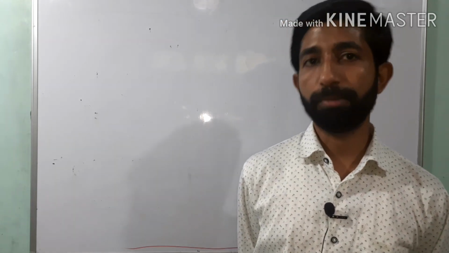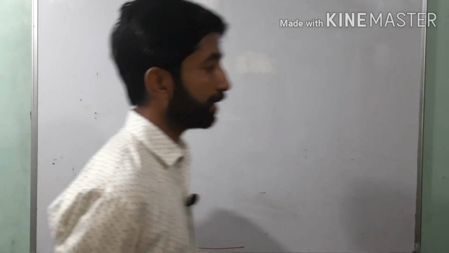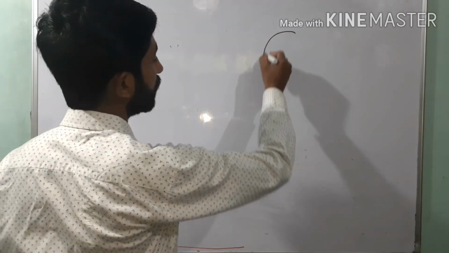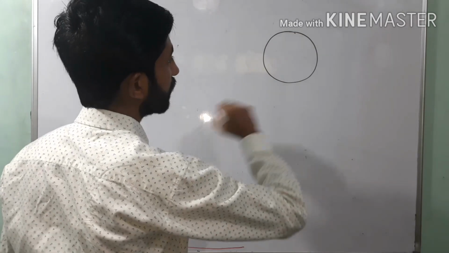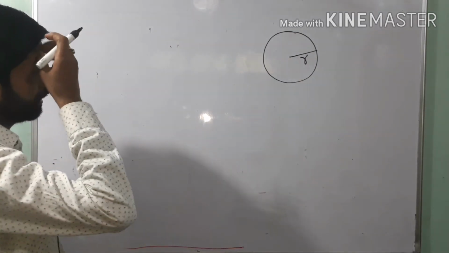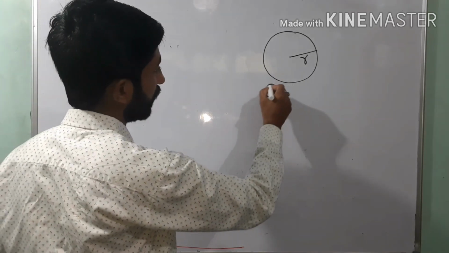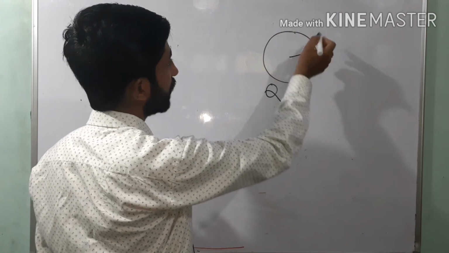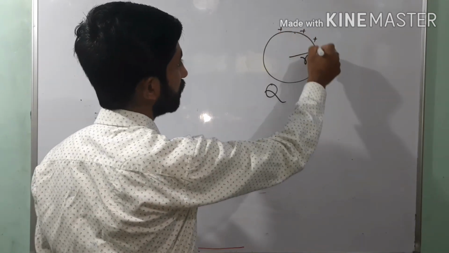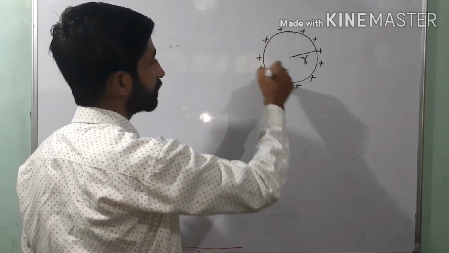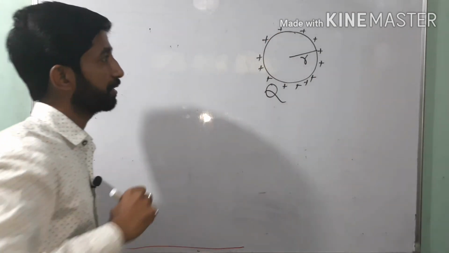or round body. Suppose this is a spherical conductor of radius r, and you give it a charge q. We know that all the charges get spread over its outer surface.